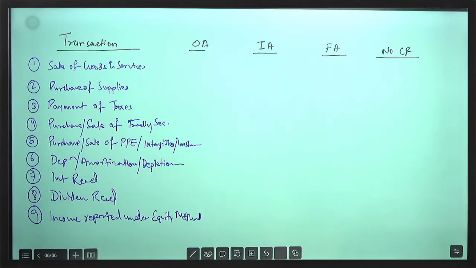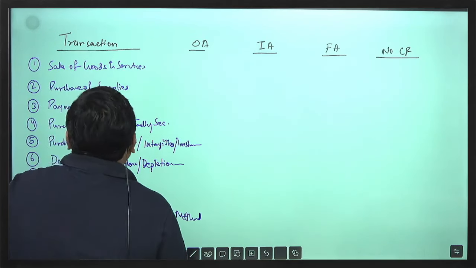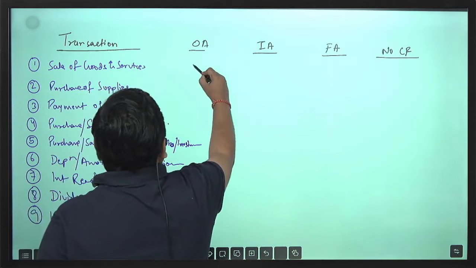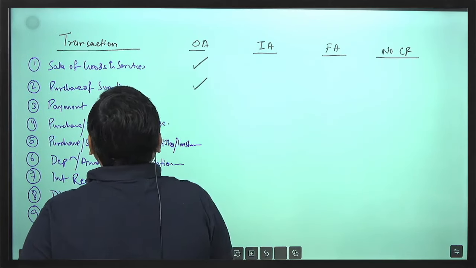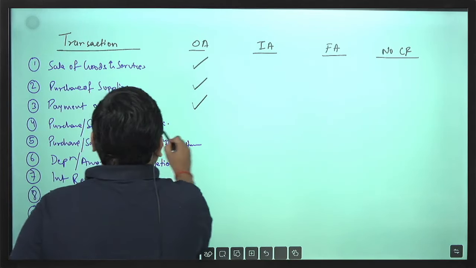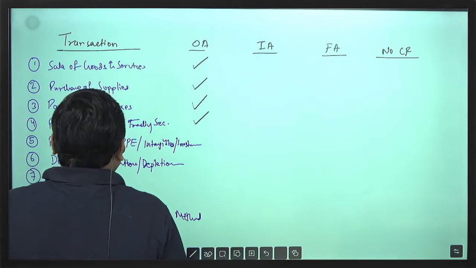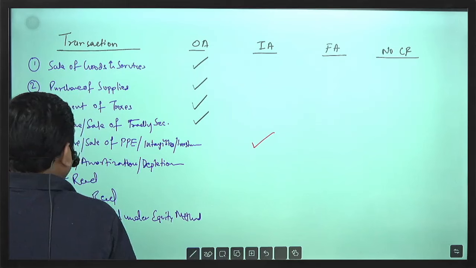Right? Now tell me, this is very simple. If I see the first one, it is operating. This is also operating. Payment of taxes is also operating. Trading securities is also operating. This is investing activity.